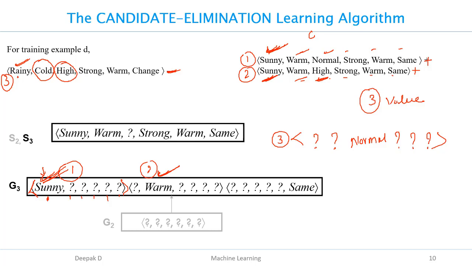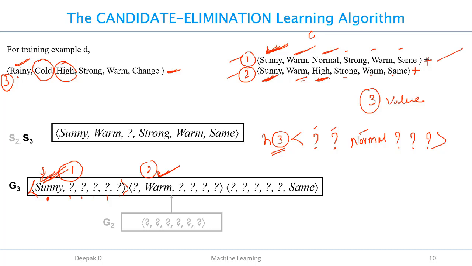So when I go with this, I compare this hypothesis H3 with the first instance and second instance. If I go with the first instance, sunny any value is acceptable, warm any value is acceptable, normal any value is acceptable, which means this hypothesis H3 will classify the first instance as positive. This is fine.